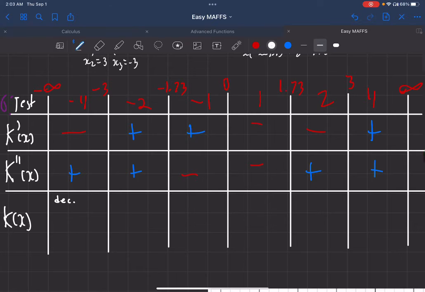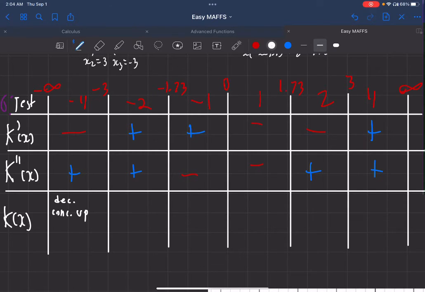Remember, when the first derivative is negative, the original function is decreasing, right? And the second derivative is positive. Therefore, the original function is concave up. Remember, the second derivative tells us the concavity of our original function. So it is concave, C-O-N-C, up.